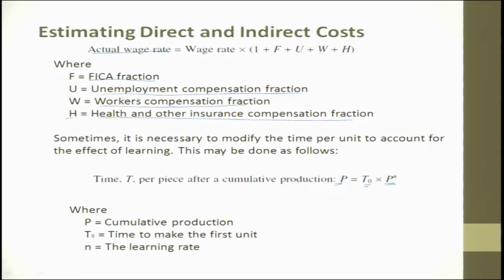So, initially the learning rate will be slow, and then after a certain time, the learning rate is not going to be so much, so it reaches a saturation point. So, here we have tried to put that into the formula.